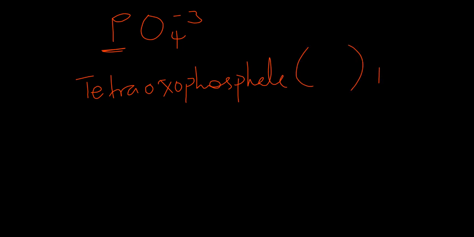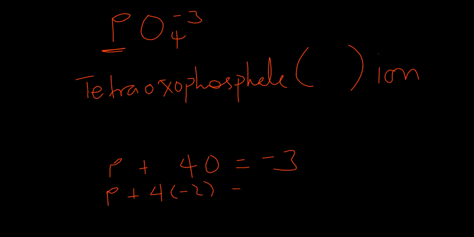So we need to calculate the oxidation number of the phosphorus. Let's quickly do that. So it's P plus 4 of the oxygen equals the charge on the compound, -3. So P plus 4 times the charge of oxygen, -2, equals -3. So -2 times 4 will give us -8, equals -3.